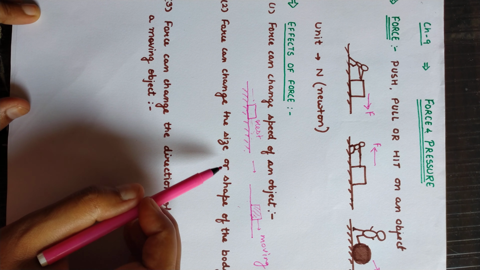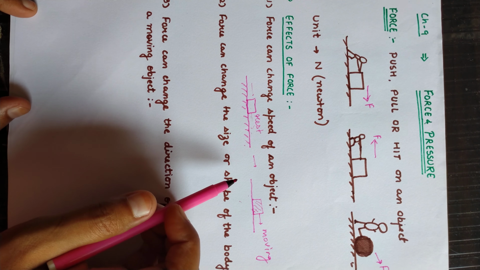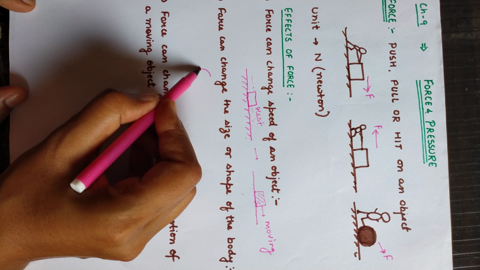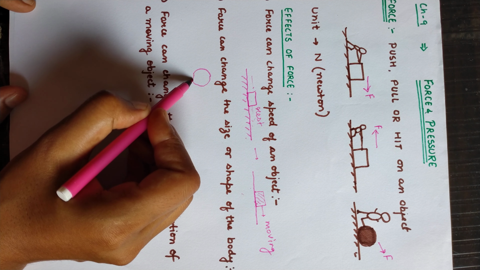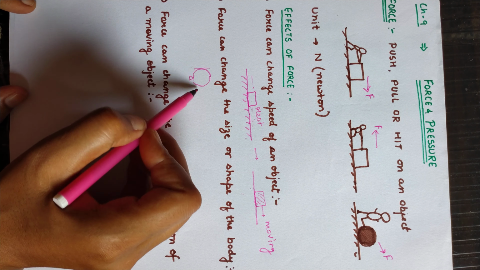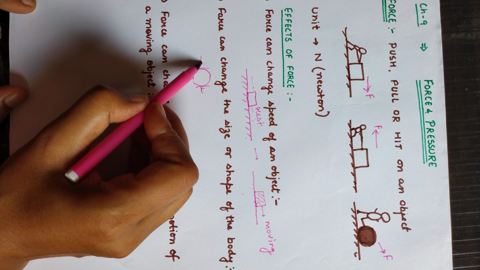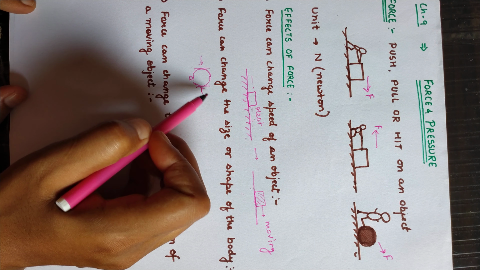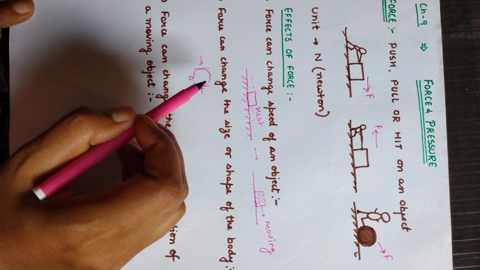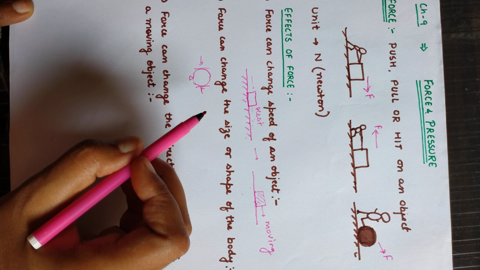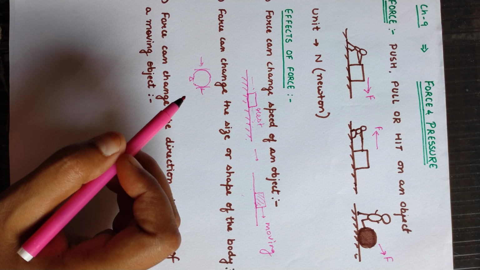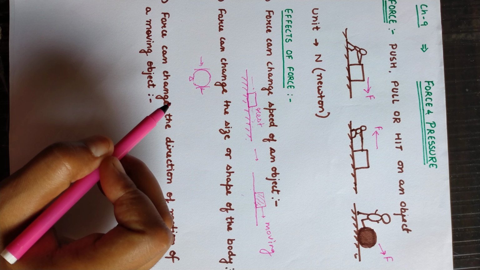Second one is the shape or size of the body. Force can change the shape or size of a body. Like if we have a balloon and we press it from both sides, then we apply force, it may burst, its shape will change. If it does not burst, still its shape will change. Like a sponge, if we squeeze it, its shape changes.